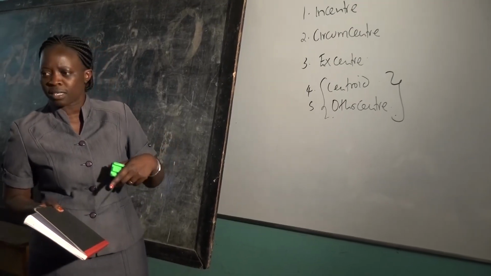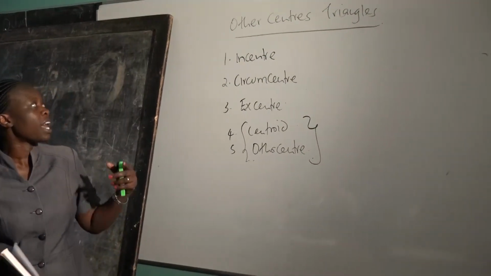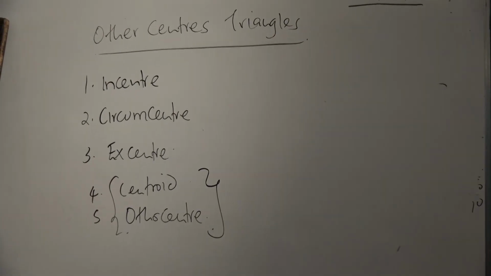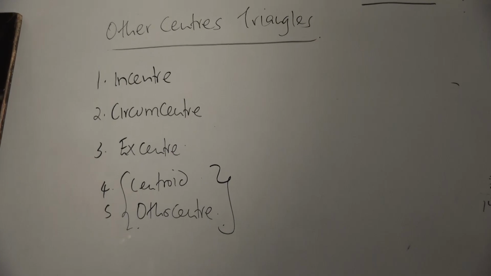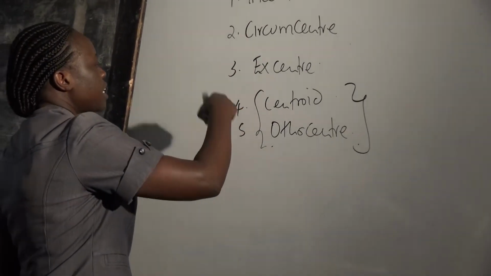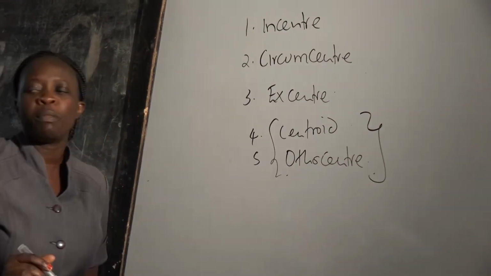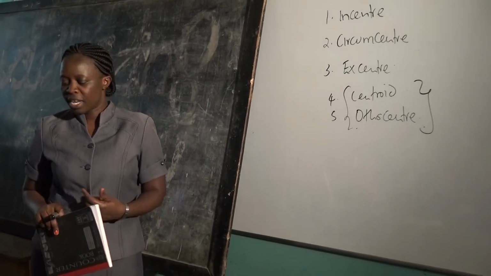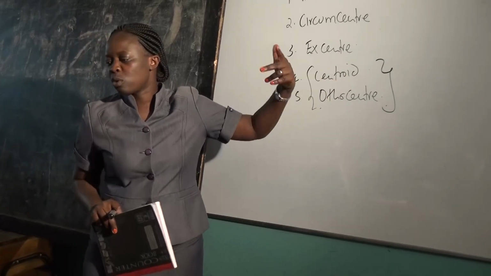So for today's writing, kindly indicate your subtopic as other centers of the triangle. And of course, we'll not number them as 4 and 5, but you'll number them as 1 and 2. When you're writing your notes, centroid will be number 1, and the orthocenter will be number 2. Then we will start with number 1.